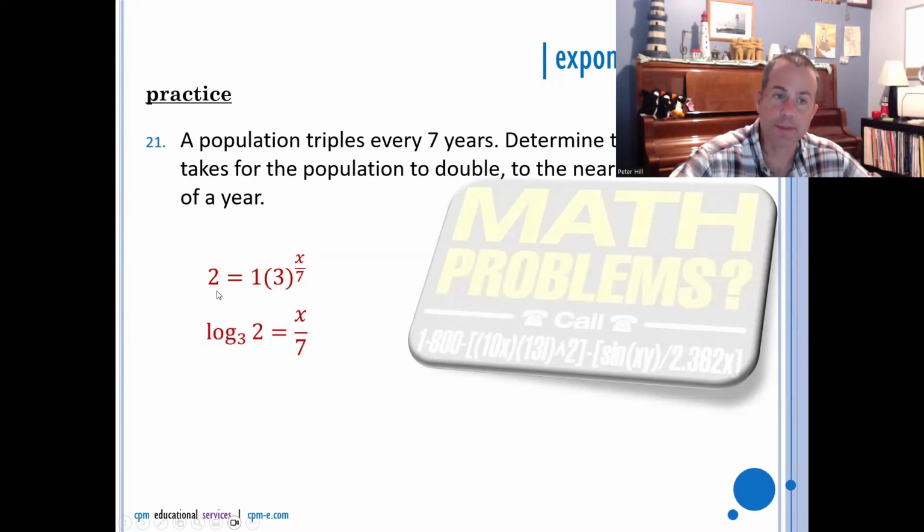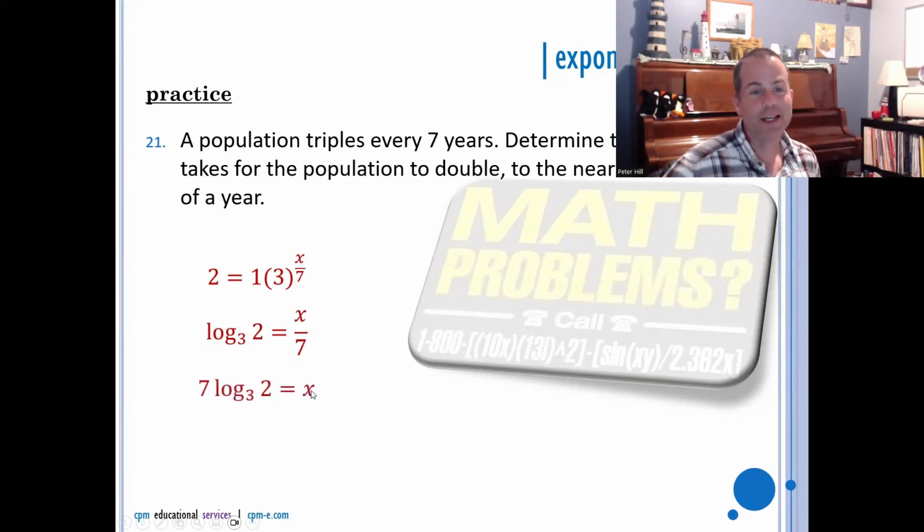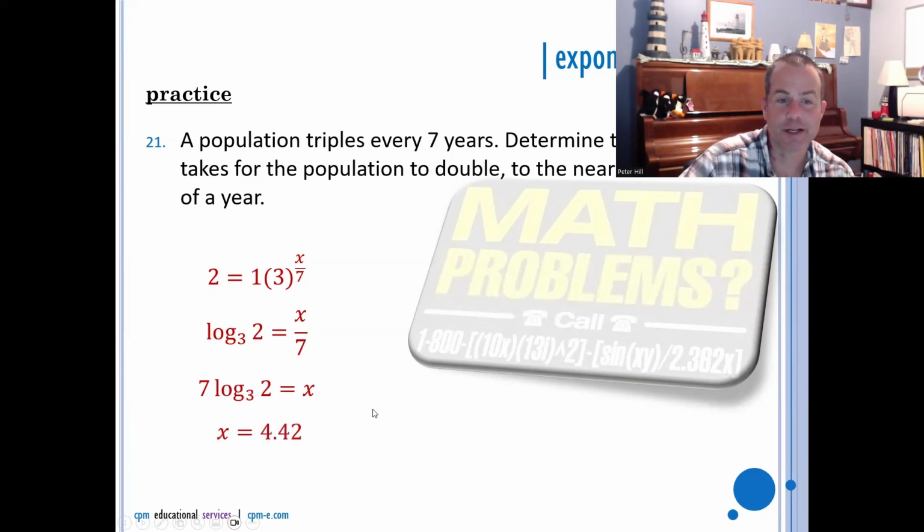So base becomes the base. Dude that was by himself is now locked. Dude that was locked is now by himself. To get x by itself, to isolate for x, I'm going to multiply both sides by 7 and then throw that in my calculator. So I'm looking at 4.42. I just followed statistical rounding because it said to the nearest hundredth of a year. Okay. All right, friends, we got this.